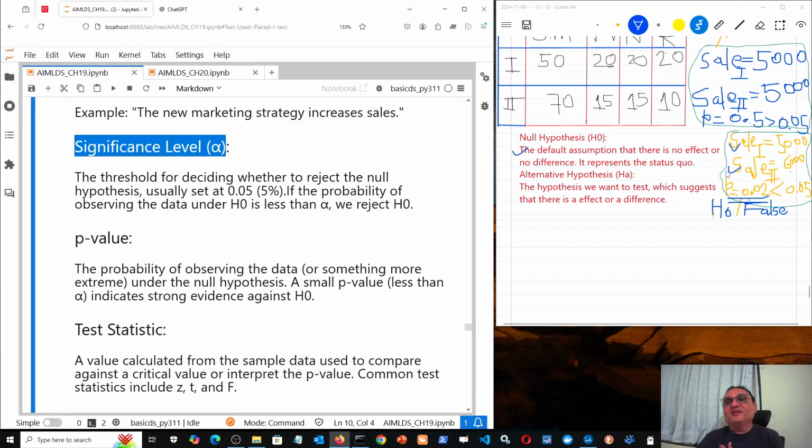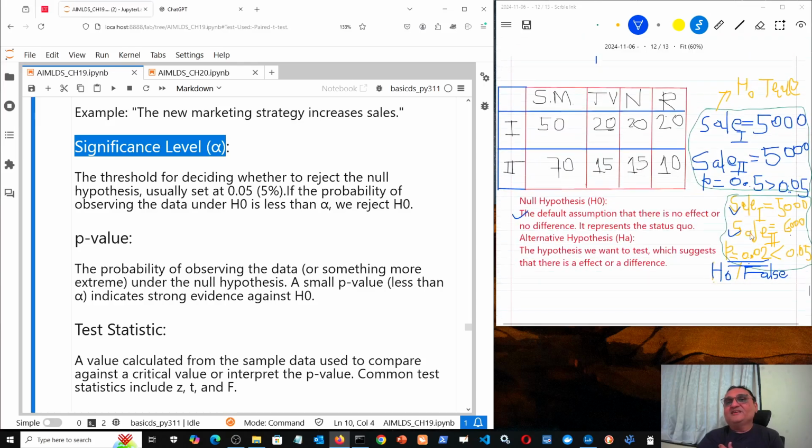But if the probability of the data distribution of my predicted variable is less than 5%, then I will say that yes, this is not sufficiently convincing to accept my null hypothesis. So I will say that the null hypothesis in that case is false, right?